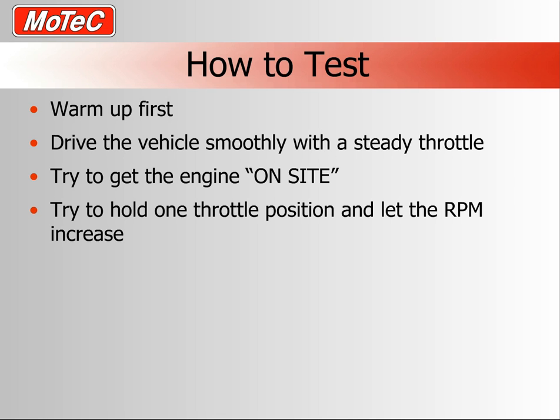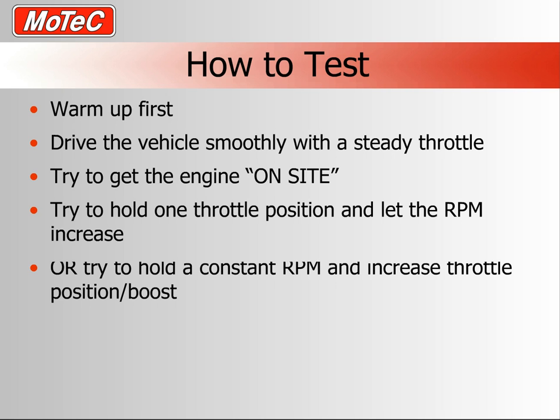So we're really trying to hold that throttle position, and as I say, there's two ways you can do it. You can hold one throttle position and let the RPM increase, and in a car that's not too hard to do. You'll sit there and physically hold the throttle position. If someone is with you and has a laptop, they might be able to tell you you're exactly at 40%, and you might just start at very low RPM by holding your foot on the brake, putting the throttle at 40%, then letting the brake go, and you let the car slowly accelerate through the RPM, trying to keep your foot very steady.